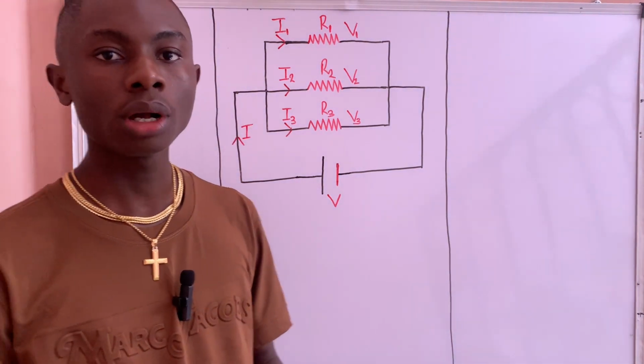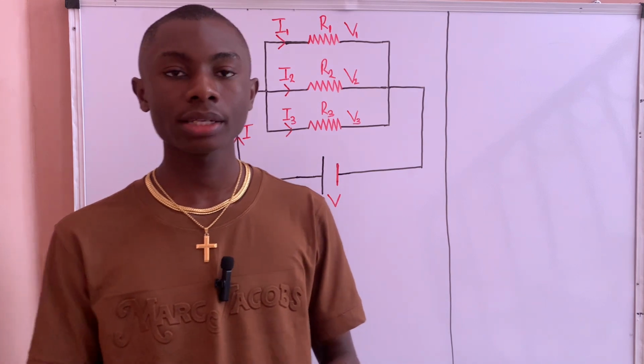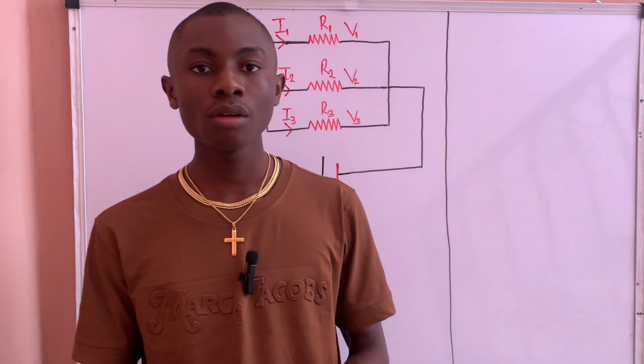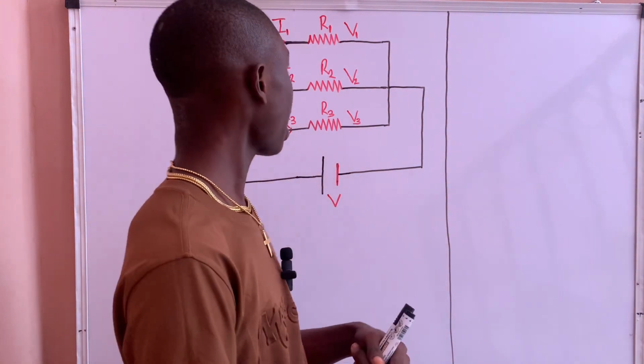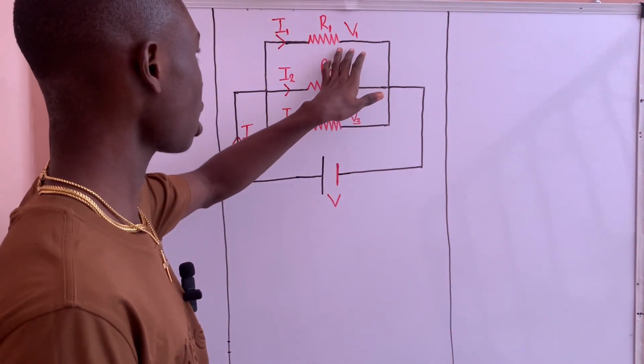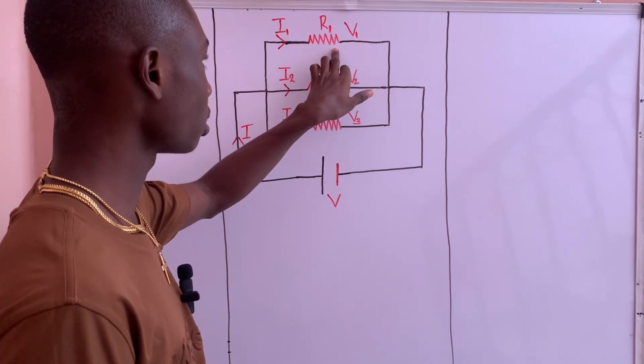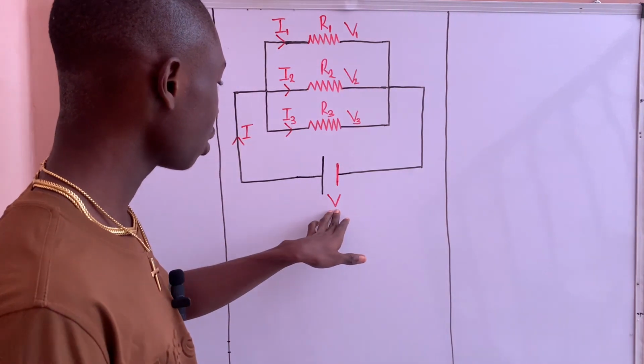Okay, we know that in a parallel circuit, the voltage across the individual resistance is the same as the supply voltage. What do I mean? I mean that the voltage across this resistor R1 is the same as the supply voltage.